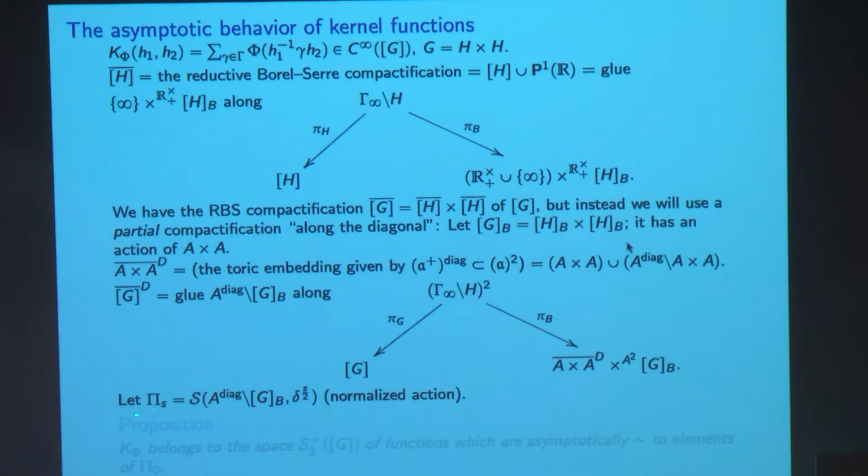And now I let capital pi S be all Schwarz sections of this character. So what does this mean here? It means all eigenfunctions on this space of the diagonal torus with this character under the normalized action.